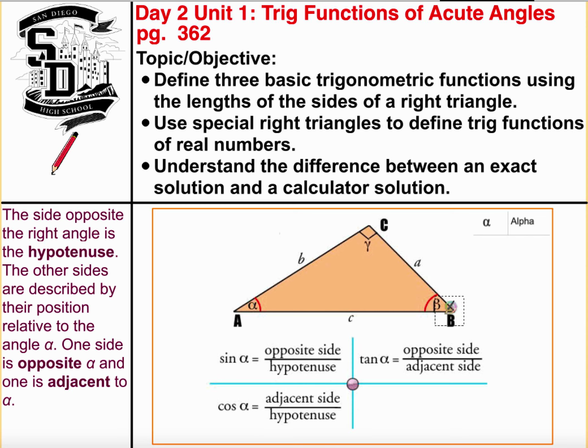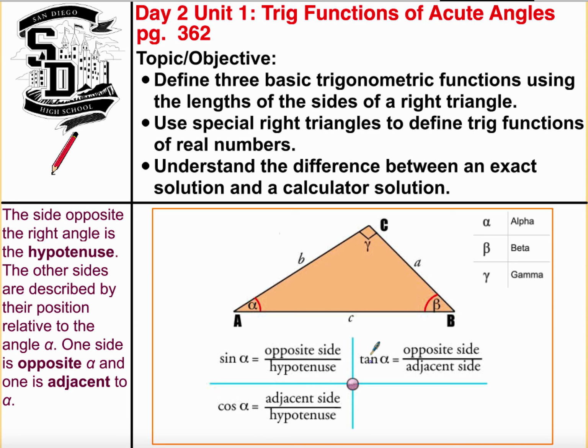The next letter is the letter beta. And then we have the Greek letter gamma. That one kind of looks like a Y to me. I mean, they kind of all look like familiar letters, but we're going to use them pretty frequently in trigonometry. And you'll see a couple more of these Greek letters as we continue along.